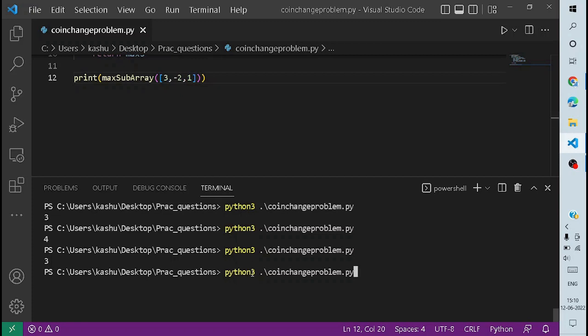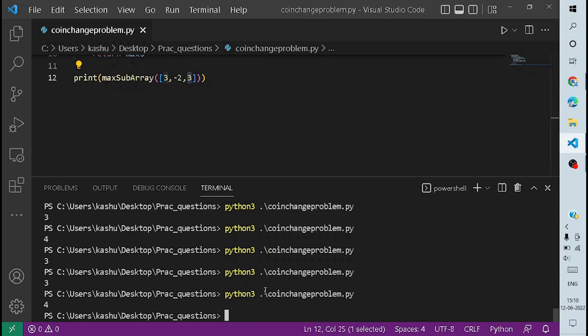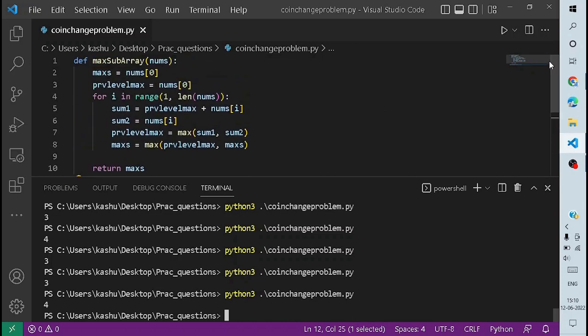So the answer should be 3 only. Now if I make it 3, let's say, in this case, the negativity which has come up with minus 2 will be overshadowed by the positive 3. So the sum should come up to be 4. Yes. So I hope you've got what I'm trying to say.